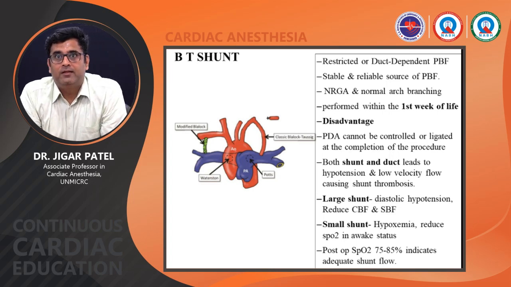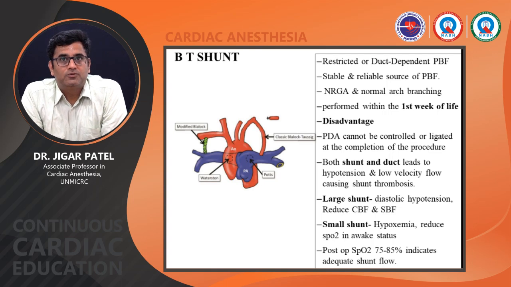In the classic BT shunt, the subclavian artery is divided and anastomosed directly to the pulmonary artery, but you have to sacrifice the subclavian artery in the classic BT shunt. So modifications occurred later on, and currently we are doing the modified BT shunt, where we put a PTFE graft between the subclavian artery and the pulmonary artery on the ipsilateral side. This operation is done by thoracotomy.